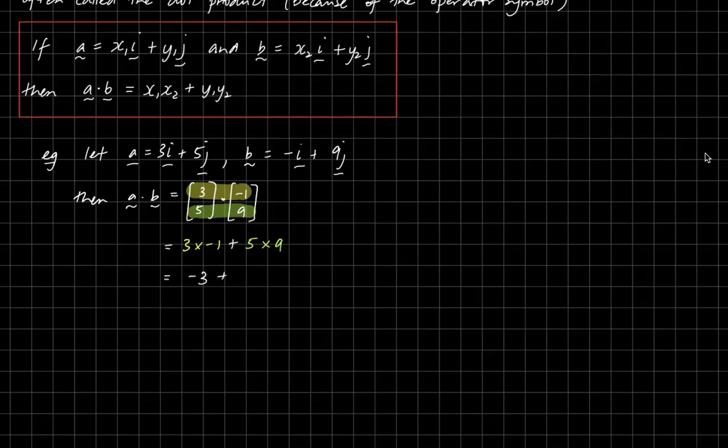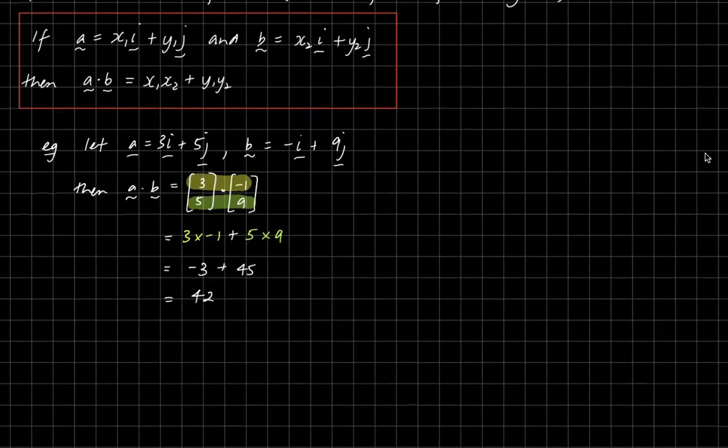So negative 3 plus 45, so that's going to be equal to 42. Now, that's how we operate using that definition. But the other thing I want you to notice is that we end up with a scalar. We started off with two vectors, and when we take the scalar product, we end up with a scalar, and hence the name.